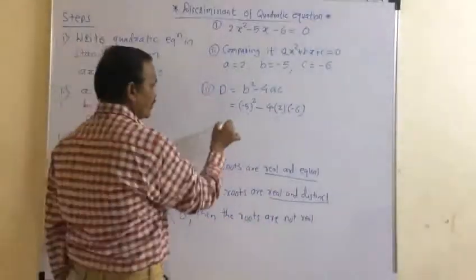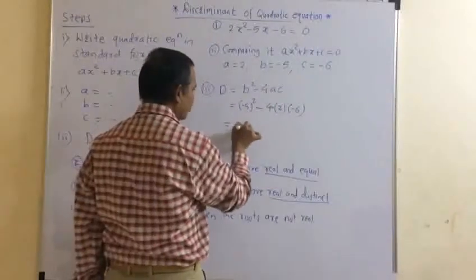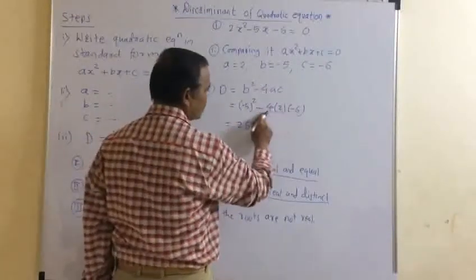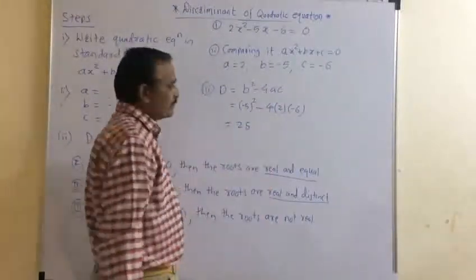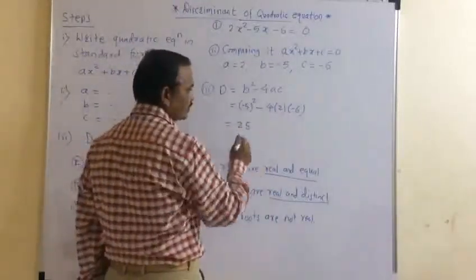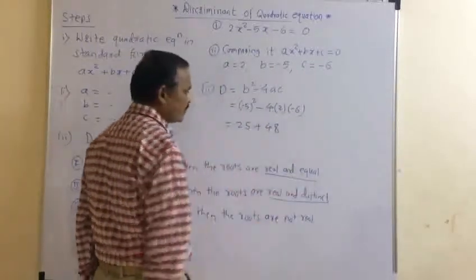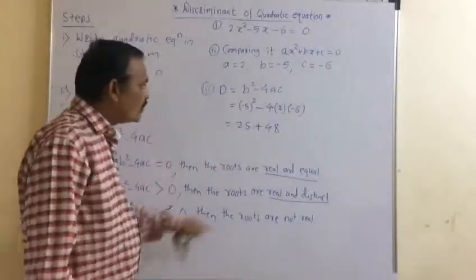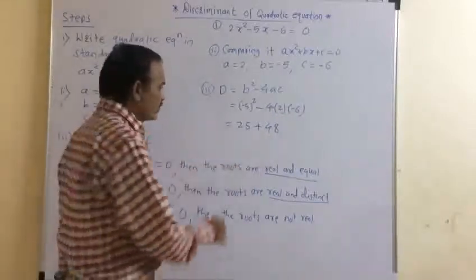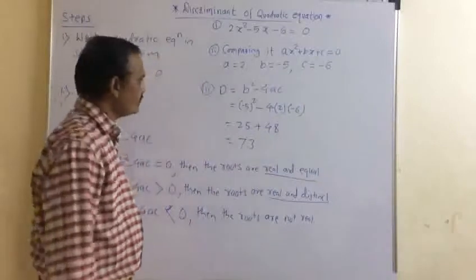The square of minus 5 is plus 25, and since both numbers have minus signs, the multiplication becomes positive, 48. Adding, we get 73.